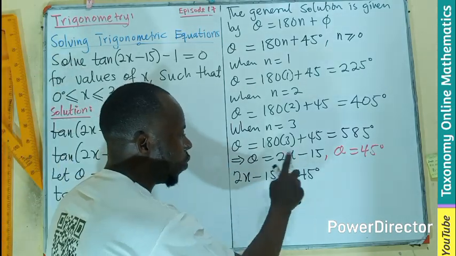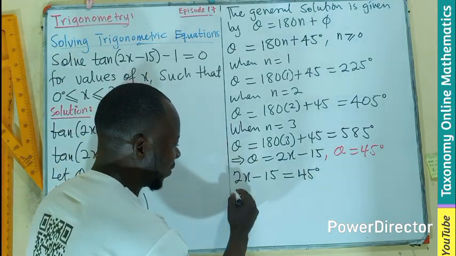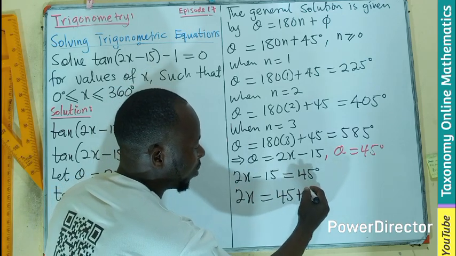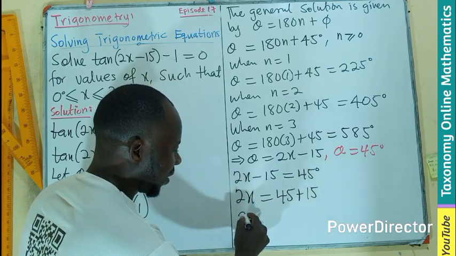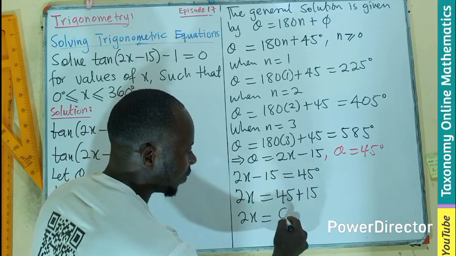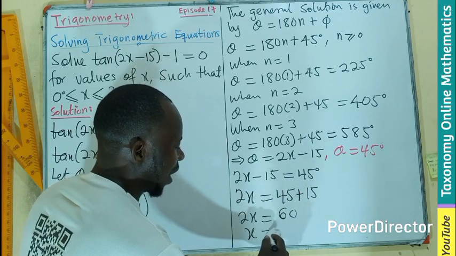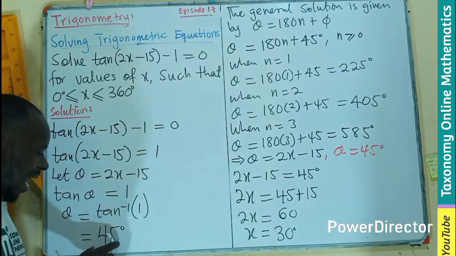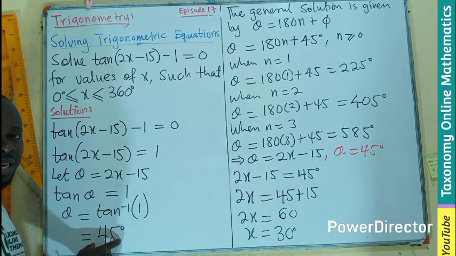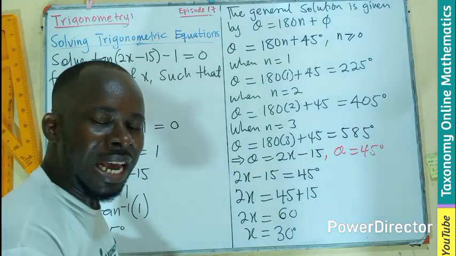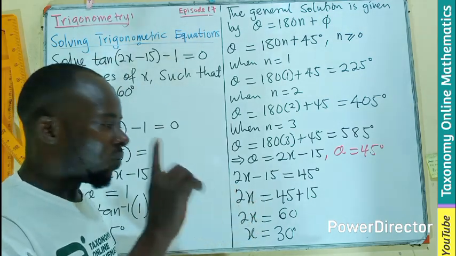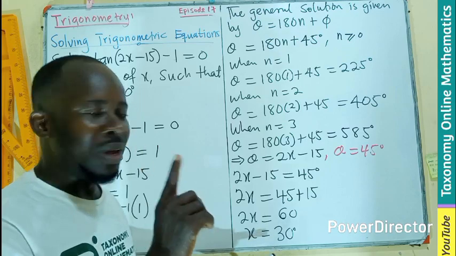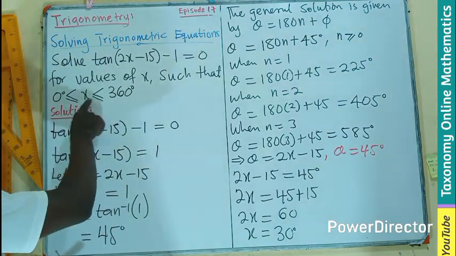Remember, this is going to give us 2x equals 45 plus 15. So 2x will be equal to 60, and your x will now be equal to 30 degrees. Which means that even though we had the angle to be 45 at the beginning, 45 is not going to be included in the values of x. So the first value of x is going to be 30 degrees, which is in the range we are looking for.